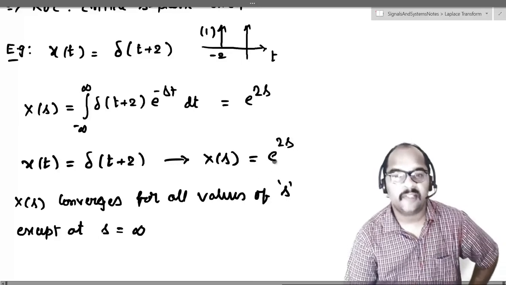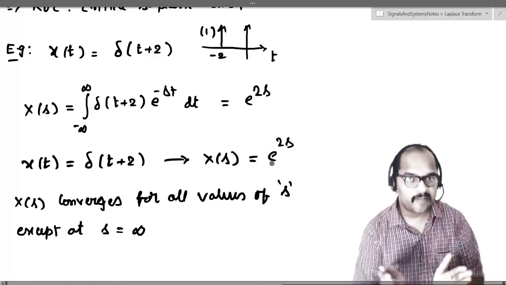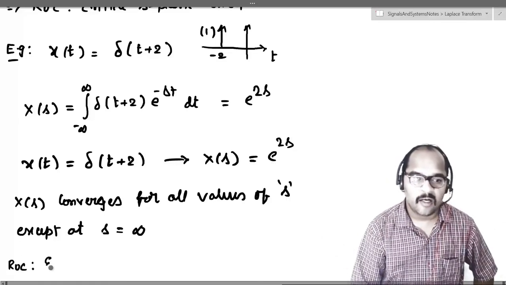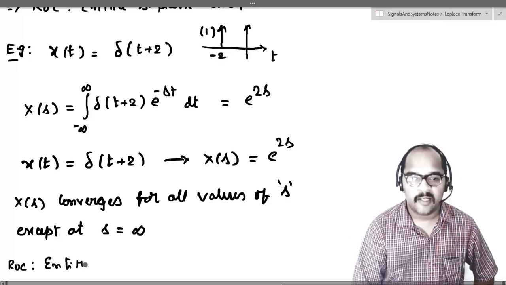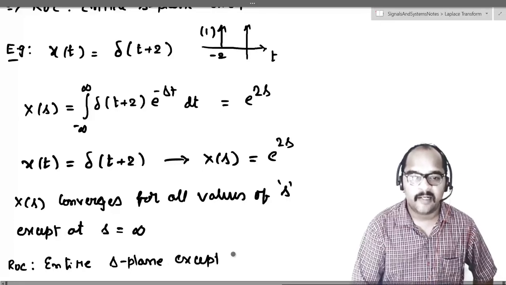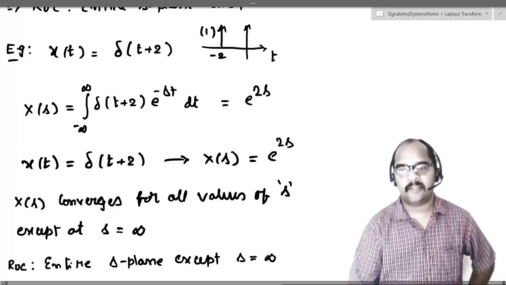When you replace s with infinity, it will become e power infinity, which is infinite, meaning our x of s is diverging. So what will be our ROC here? ROC is the entire S plane except at S equal to plus infinity.